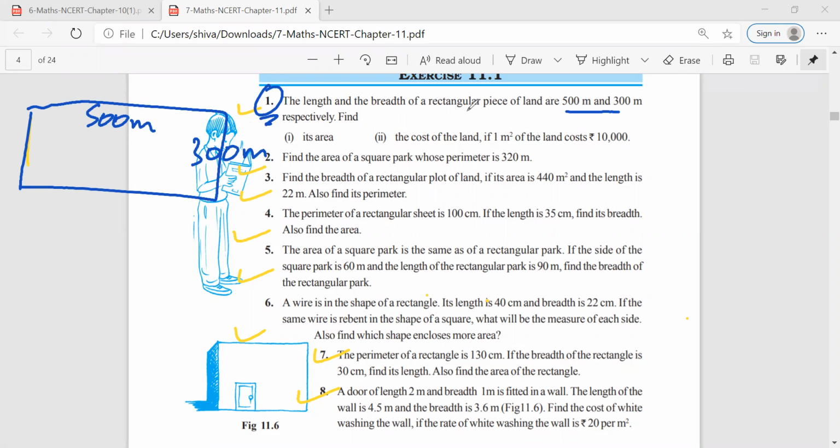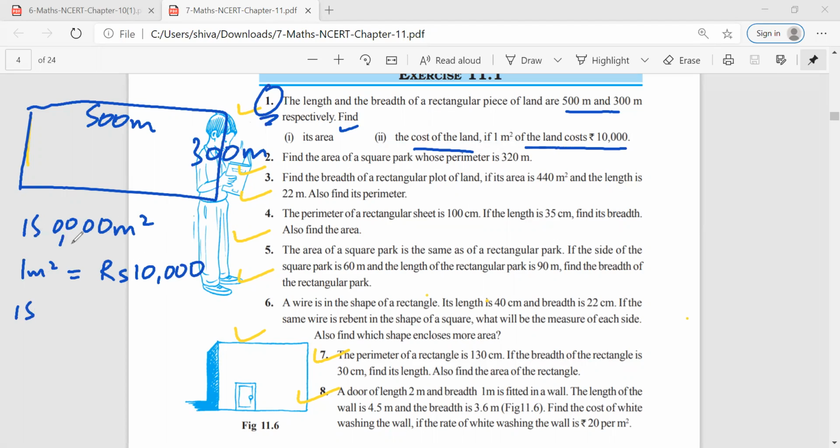Okay. So length and breadth are given. You can find the area. The area would be 15,0000 meters square. Any doubt? No, sir. The cost of the land, the 1 meter square cost 10,000 rupees. So 1 meter square is for rupees 10,000, and 150,000 would be for 150,000 into 10,000.